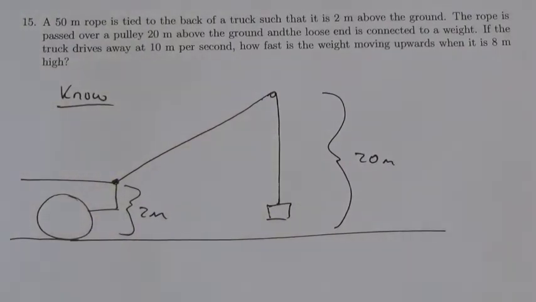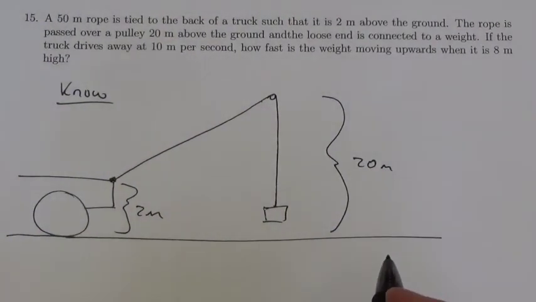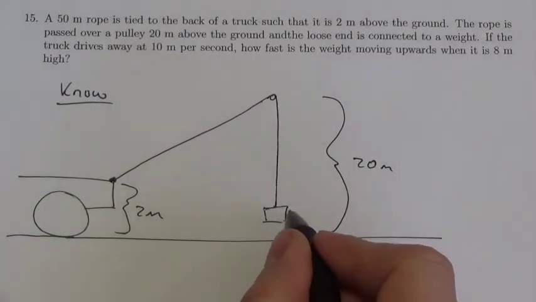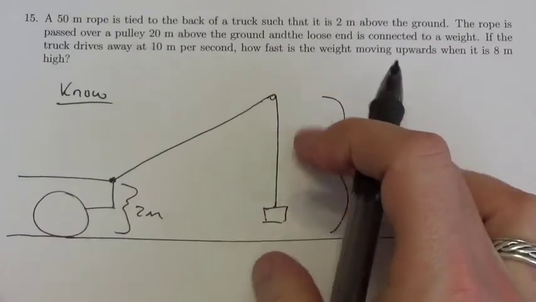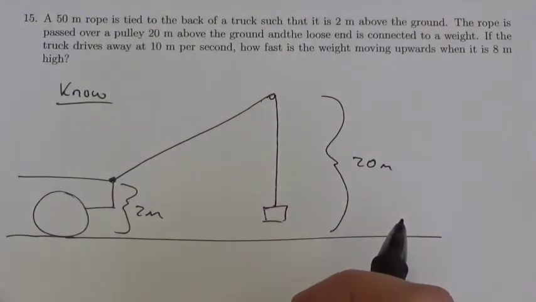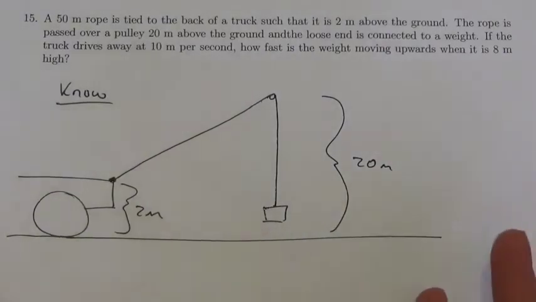Now, it is going to be very, very tempting to throw a variable on here and make this distance, let's say y, and ask for dy/dt. And that actually makes a whole lot of sense. It really does.